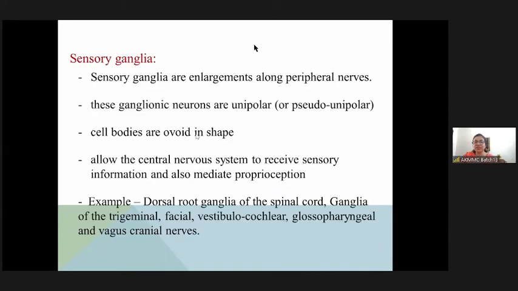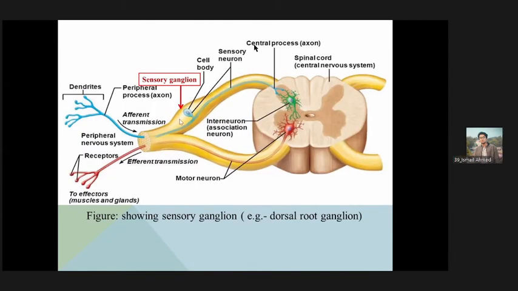It is dorsal root ganglia, because we will find a huge collection of unipolar or pseudo-unipolar neuron cell bodies inside this, and the cell bodies will form a swelling here, known as ganglia. Is it inside the central nervous system? No, ma'am. Outside the central nervous system. This is ganglia.